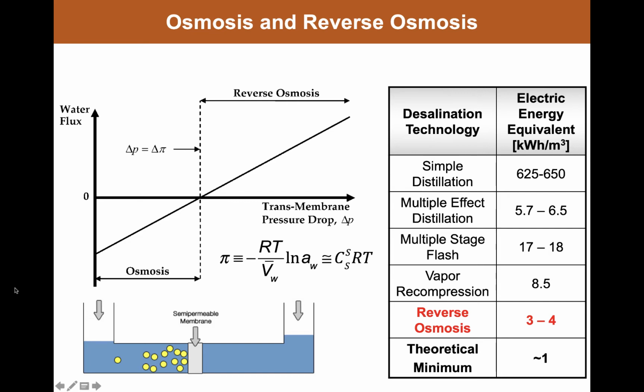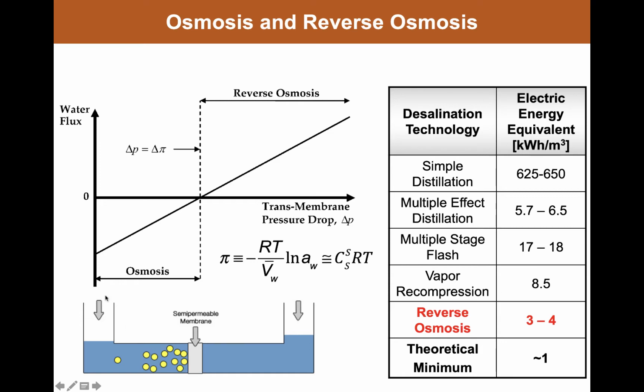And if we were to plot for a given value of solute concentration, the amount of water flux that would come across this membrane, we would be at the bottom part of this graph. So we would have water flux from right to left at a rate that would be determined by the water permeability of this membrane and the essentially difference in activity, thermodynamic activity of water from the right-hand side to the left-hand side.